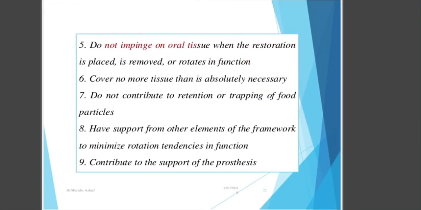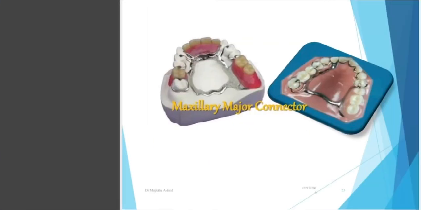It should not impinge on the oral tissue when the restoration is placed, removed, or rotates in function. Cover no more tissue than is absolutely necessary. Do not contribute to the retention or trapping of food particles. Hence, it provides support for other elements of the framework to minimize the rotation tendency, contributing to the support of the prosthesis.